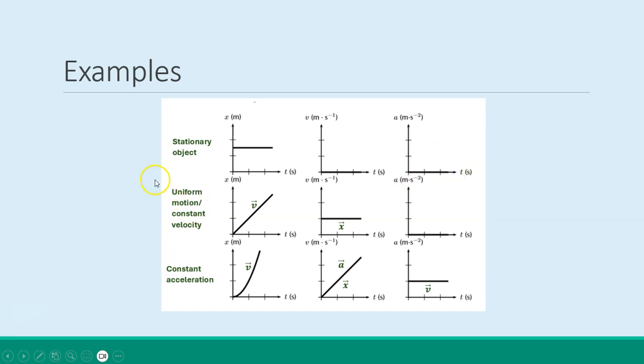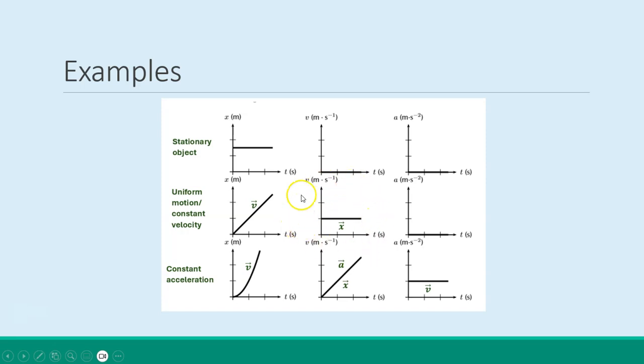For uniform motion, or constant velocity, the position time xt graph is a single gradient line. I like to put a V above that line to remind myself that by working out the gradient of this graph, I can then work out the velocity.